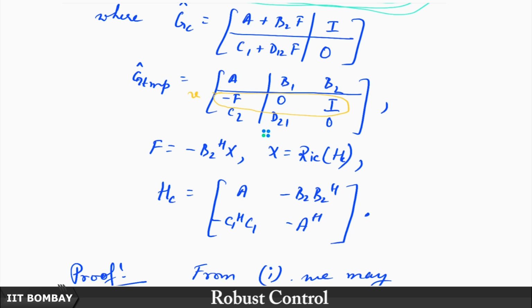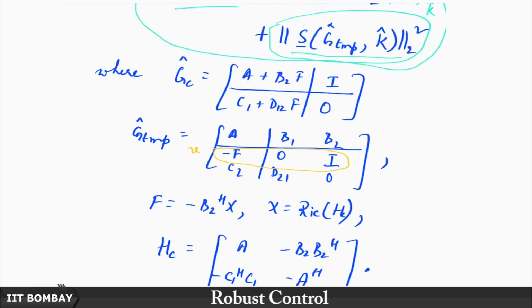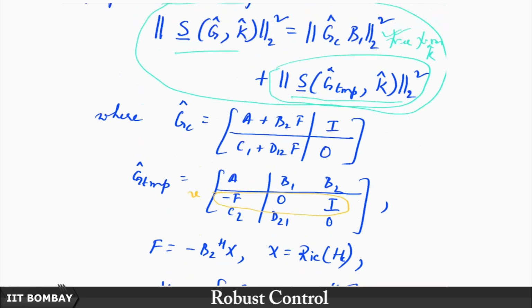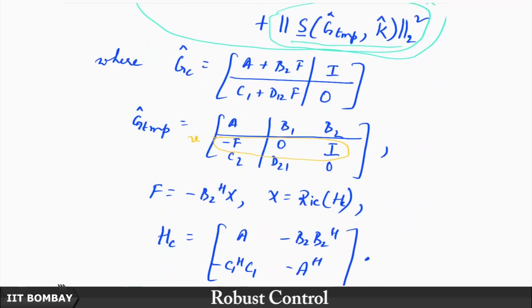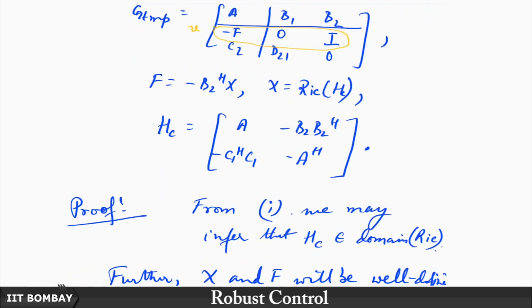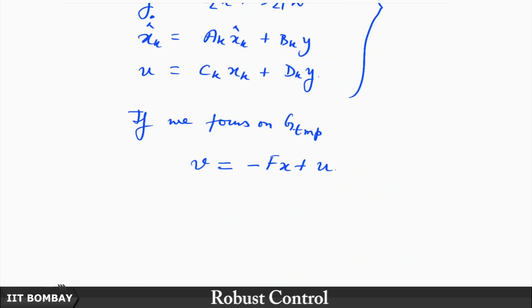So, instead of cooking up the signal Z using C and I, we are now using minus F and I. There you had C1 and D12. Instead of that, everything else remains the same in G hat TMP except for the signal V, which is slightly different.